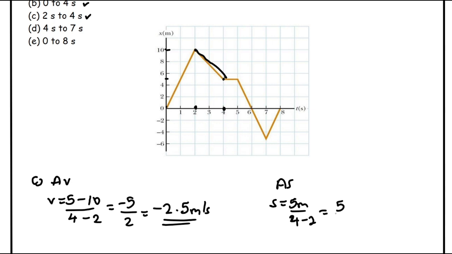This is 5 over 2, which is 2.5 meters per second. Notice that they are the same value, but velocity is negative, and velocity can be negative because it's a vector quantity which has direction. Speed only has magnitude.